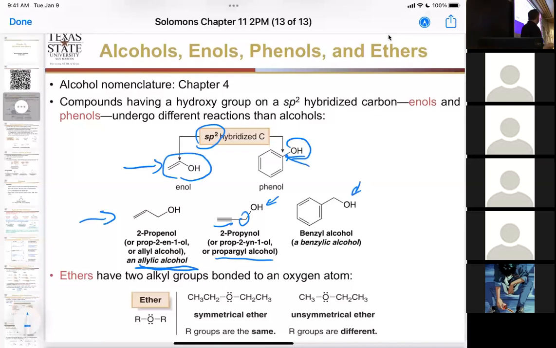And of course, using IUPAC nomenclature, the allylic alcohol is going to be prop-2-en-1-ol, because we're naming it for the alcohol. So the alcohol is one, that puts this as the 1 carbon, that's the 2 carbon, and that's the 3 carbon. So that's why we get our name 1, 2, and 3. And if we do that with the alkyne, again, the alcohol is naming it, so it'd be prop-2-yn-1-ol. That's very hard to say quickly. And now if you have an alcohol in a benzylic position, it's called a benzylic alcohol.